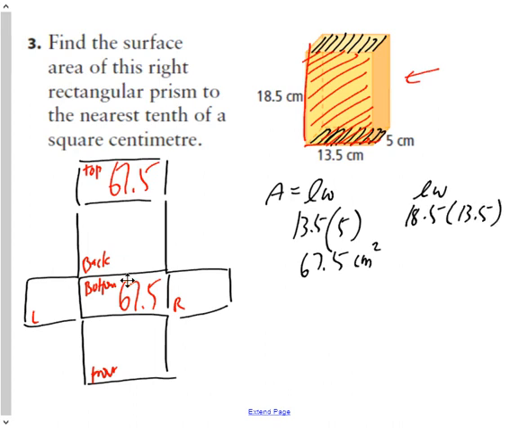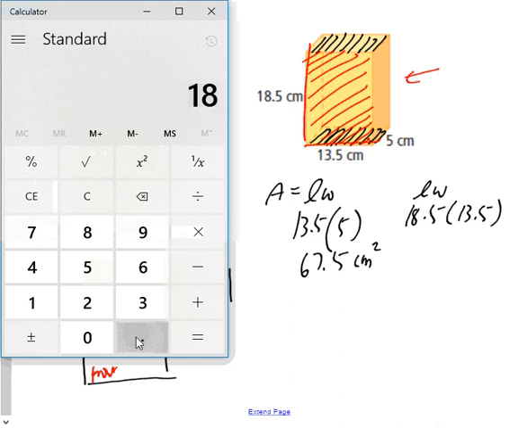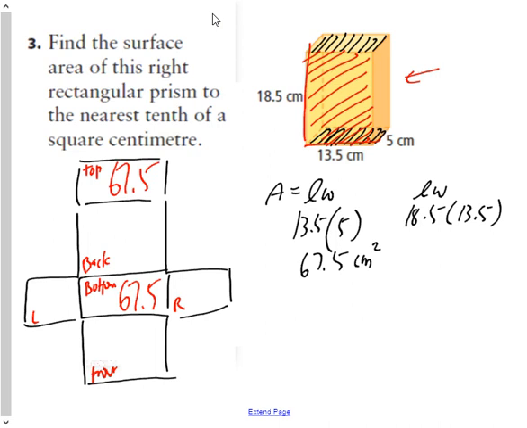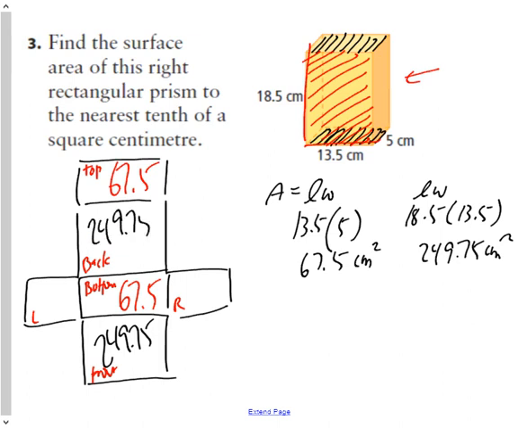On the calculator, that gives an area of 249.75 centimeters squared for the front. The same rectangle is found on the back, so that is also 249.75.